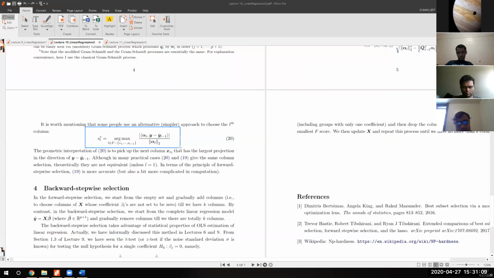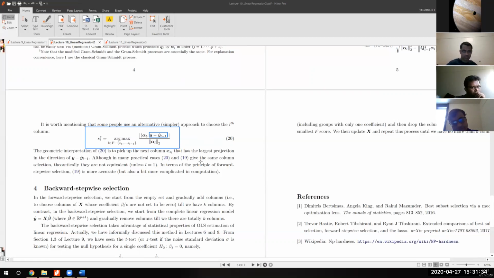The interpretation again is because I want to choose the column L which is the most parallel with Y minus Y hat L minus 1. Y hat L minus 1 means currently I've already selected L minus 1 columns, using these columns to estimate, and this is the current residue. I'm going to find the column which is the most parallel to the current residue.